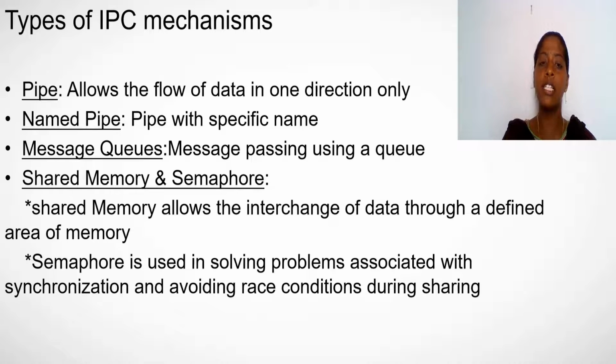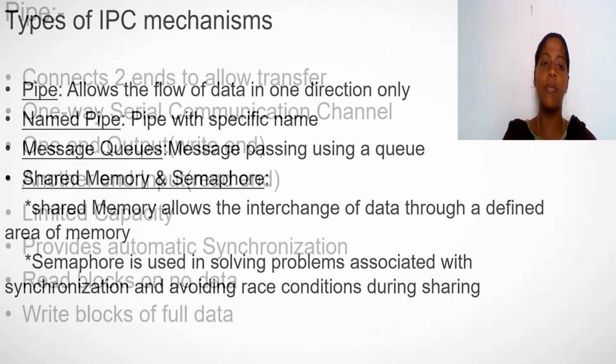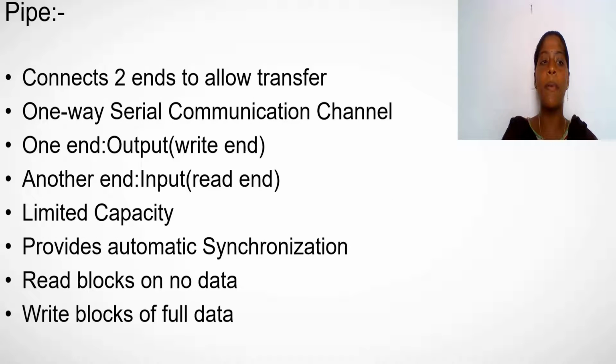Next, we will discuss all of them in detail. First of all, pipe. A pipe has two ends and connects them to allow transfer. It is a one-way serial communication channel, that means data can flow in only one direction. One end is the output, also called the write end.